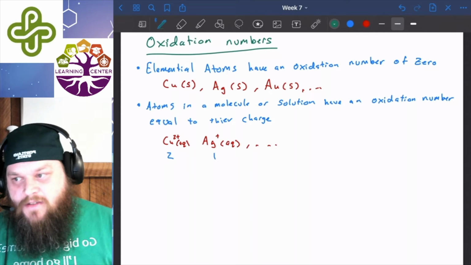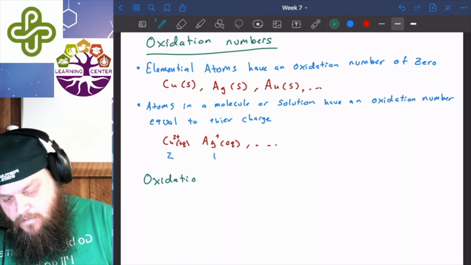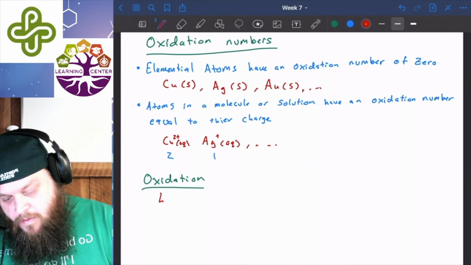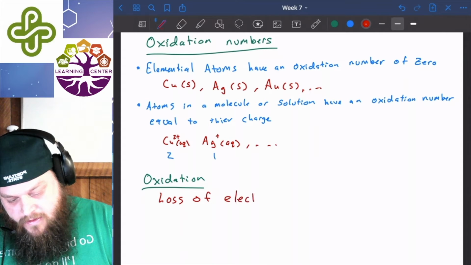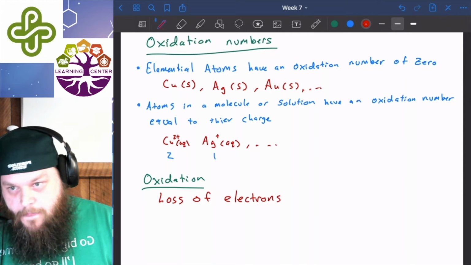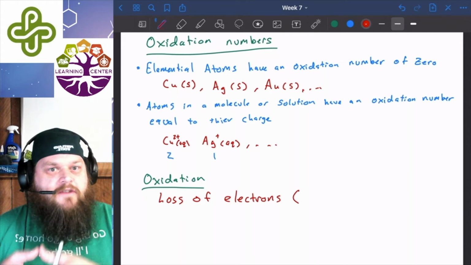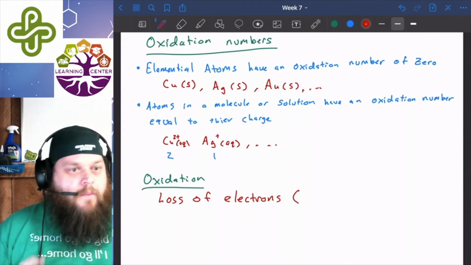So we call that oxidation, the loss of electrons. It usually means that from the initial state to the final state, the atom has become more positively charged.